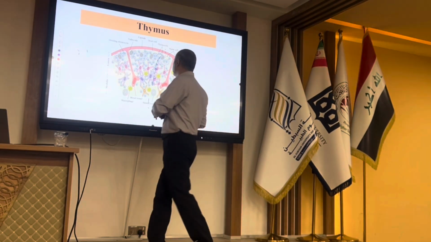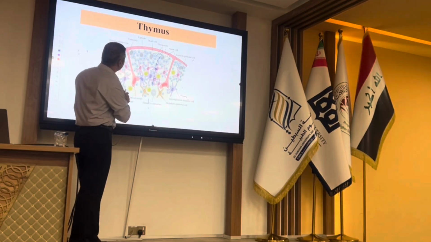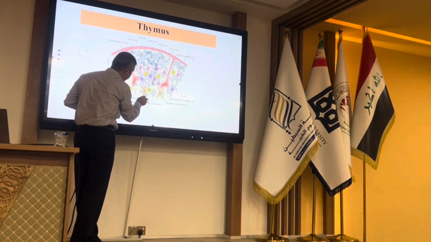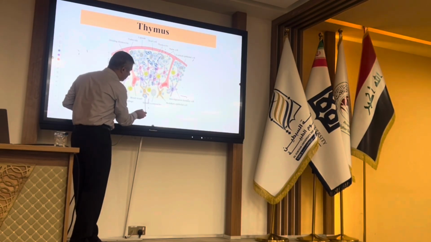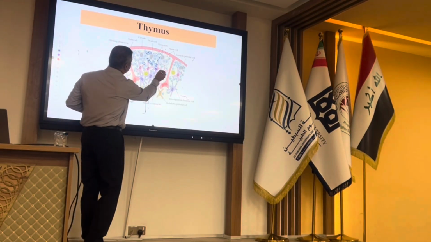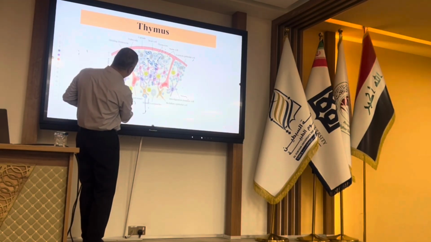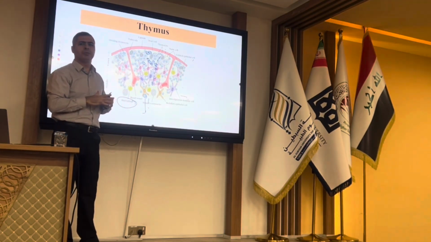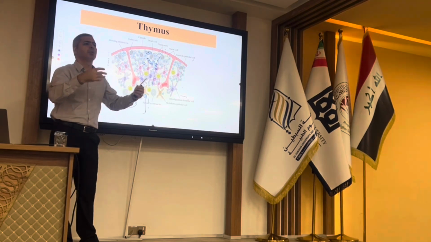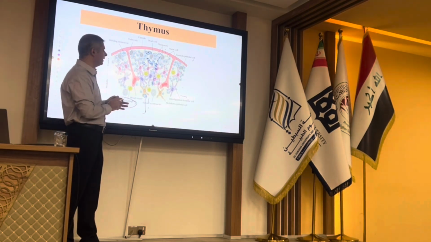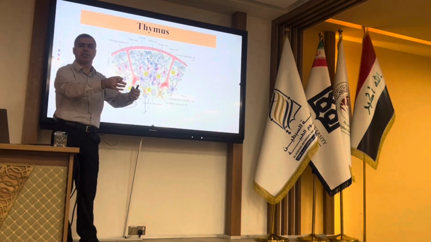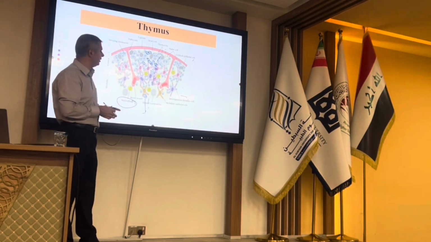It is important to know that inside the thymus, those cells are developing, immature lymphocytes, and, for example, this one is immature and can leave the thymus. But we have dendritic cells as well, and macrophages. Whenever we have apoptosis, we need macrophages to phagocytose the apoptotic bodies, the remnants of the dead T cells.